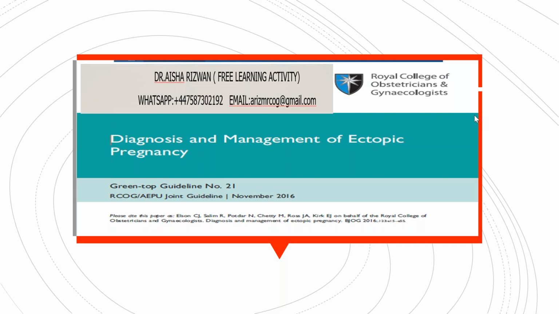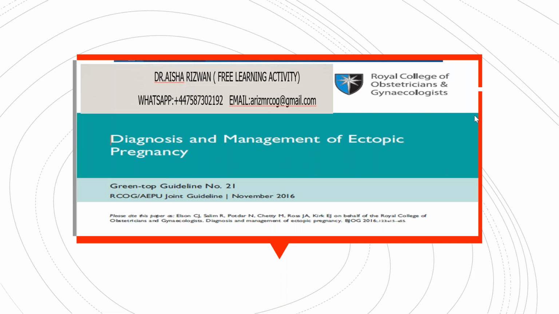So what will indicate that your treatment is going to be successful? Obviously, if we don't visualize any gestational sac, it means that the pregnancy was very early, so the serum beta-HCG level will be lower. So you will give methotrexate and the patient is going to have a successful therapy of the ectopic pregnancy.